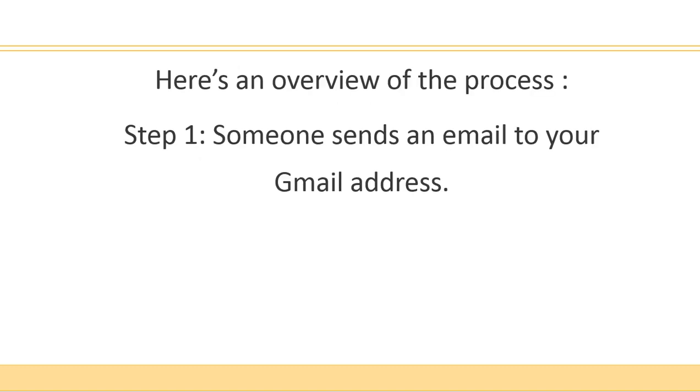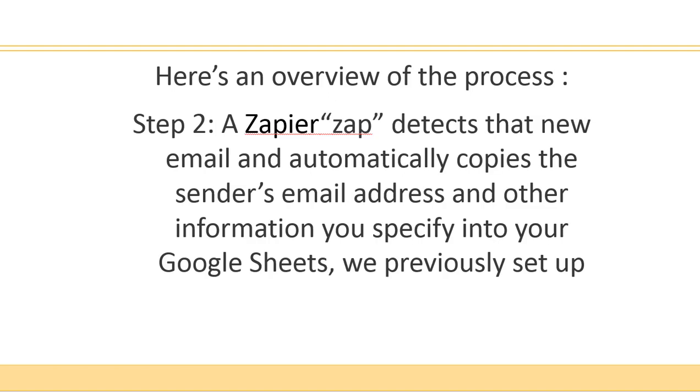Here's an overview of the process. So step 1, someone sends you an email to your Gmail address. Step 2 is a Zapier Zap detects that new email and automatically copies the sender's email address and any other information you specify into your Google Sheets, which we've previously set up.